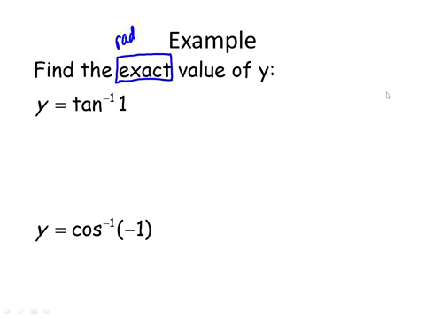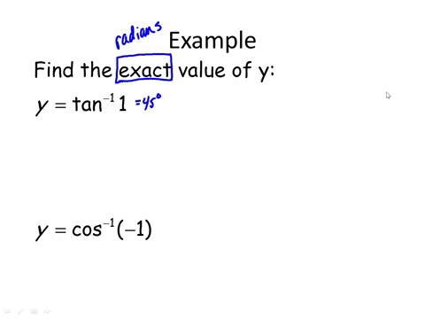Oh, so you mean I have to turn my calculator into radians? No. When I want an exact measure in radians, what am I asking you to use? Pi. Pi is going to be in your answer. So when I use my calculator, I type in tangent inverse of 1. I come up with 45. My calculator's in degrees, so that's 45 degrees.